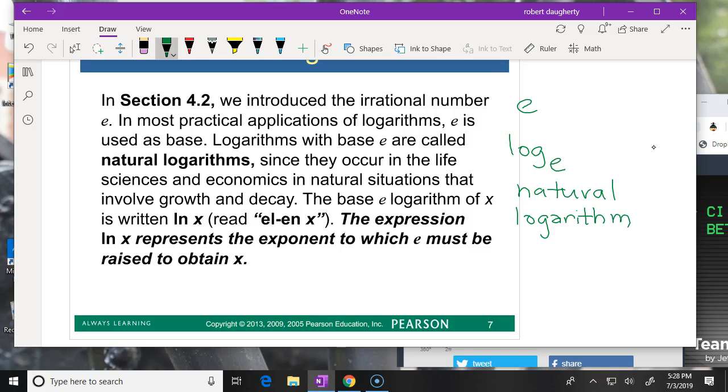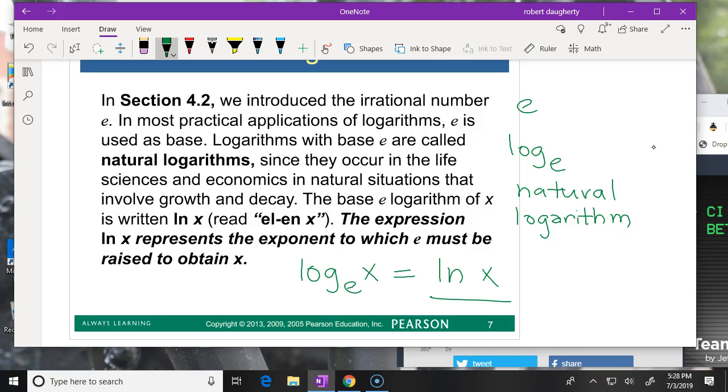So before we had common logarithm was log base 10, natural logarithm is log base e. Anytime you see something like the log base e of x, that's the same thing as the ln of x. This is just another way of saying it. Log base e means natural logarithm. Another way that we write that, just think of an abbreviation: if you see ln x, that means log base e.